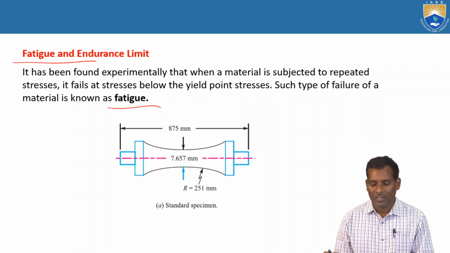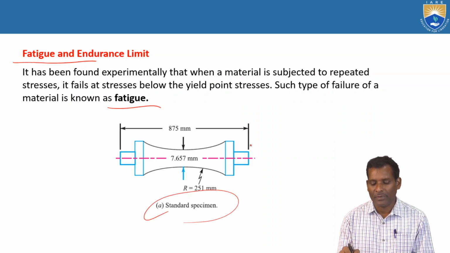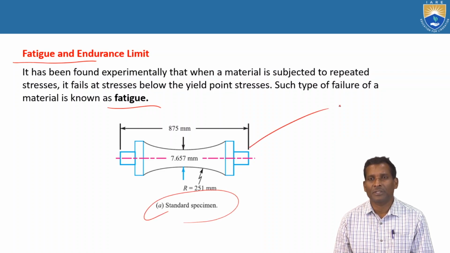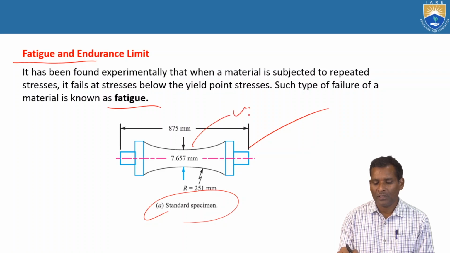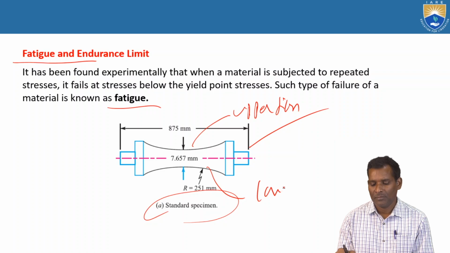Here I have taken the standard specimen. This specimen is tested in a fatigue testing machine, what we call a rotating beam tester, subjected to bending. This is the upper fiber and the lower one.